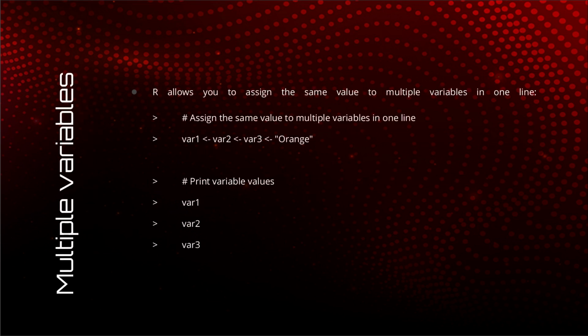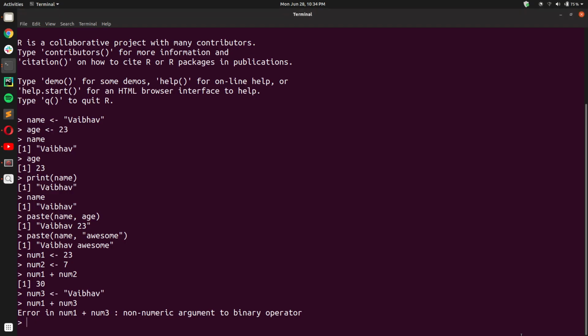Now you can assign the same value to multiple variables in one line. Let us see this with an example. Let us say I had a variable var1, another variable var2, similarly var3, and you can extend this to infinity.